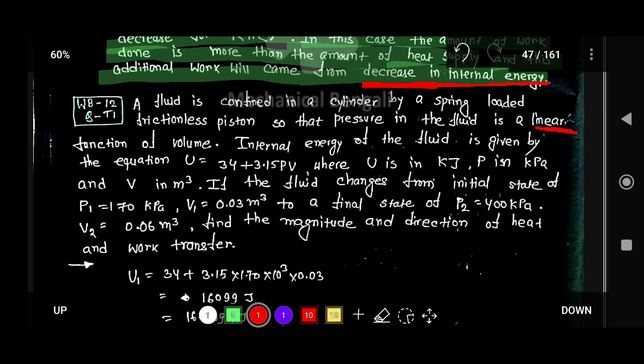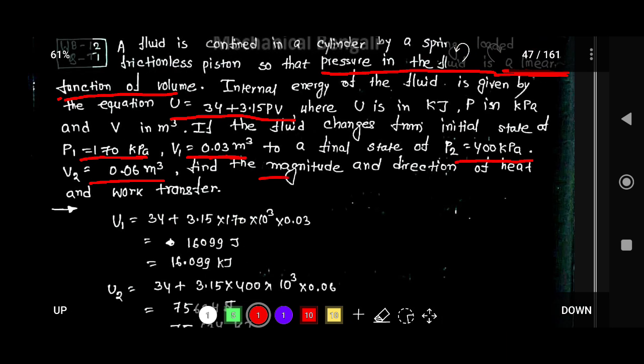So the pressure in the fluid is a linear function of volume, this is given, and there is an internal energy formula, that is 34 plus 3.15 PV, and the initial pressure and initial volume is given, and the final pressure and final volume is also given. You have to find out the magnitude and direction of heat and work.